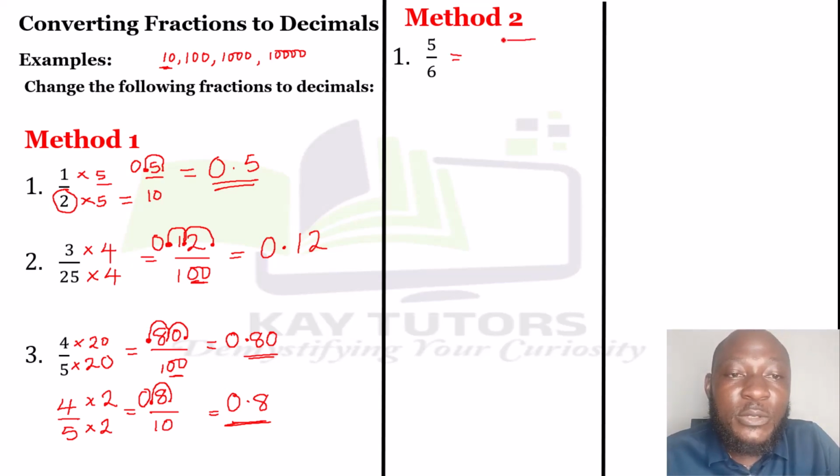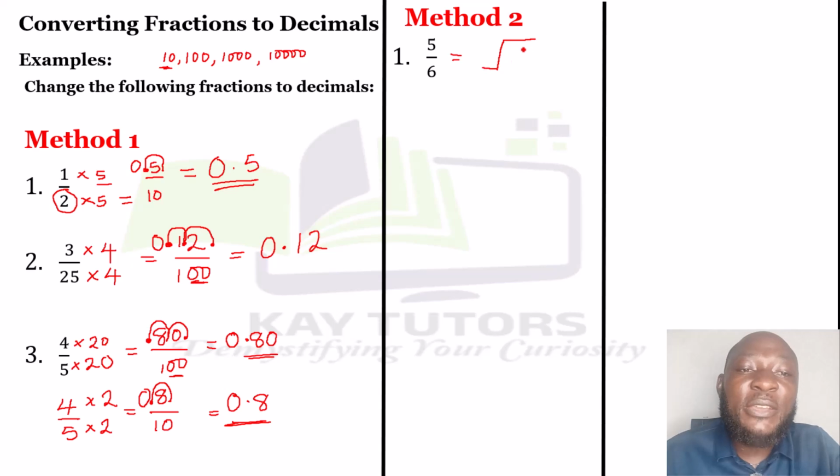Is to put 5, the numerator goes inside and the denominator is outside. Can 6 go into 5? Not possible. So I'll write 0 and put my point.